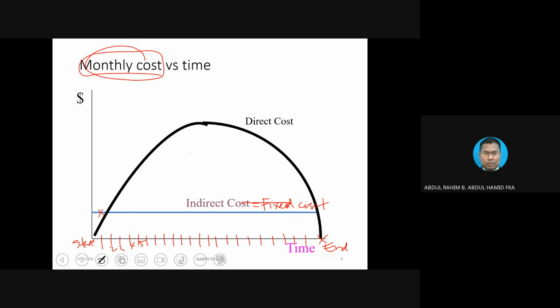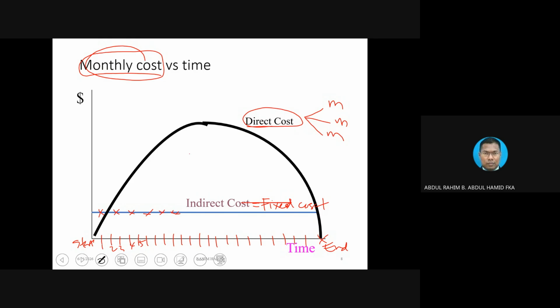So when every month we spend the same thing again and again, of course we are going to have a flat relationship from the beginning of the project until the end for the indirect cost. But for the direct cost, since it is associated with 3 items, man, machine, and material, the spending is going to be very progressive.